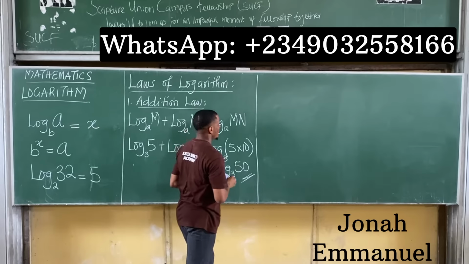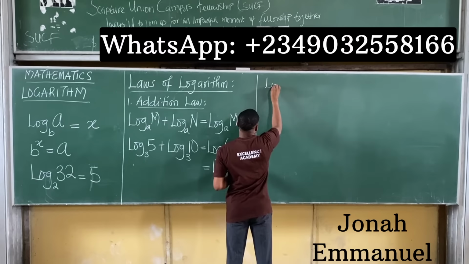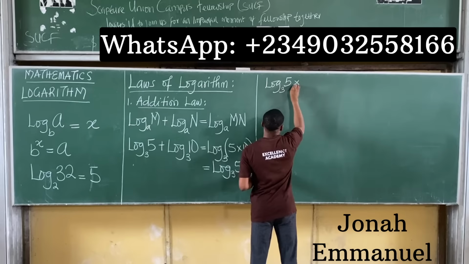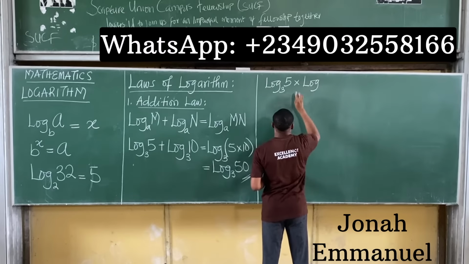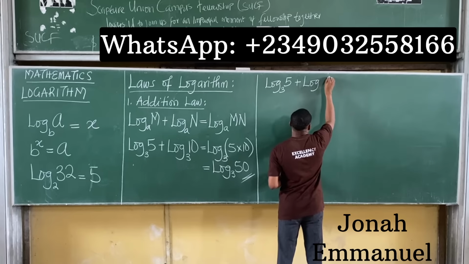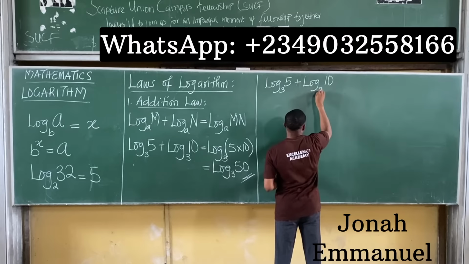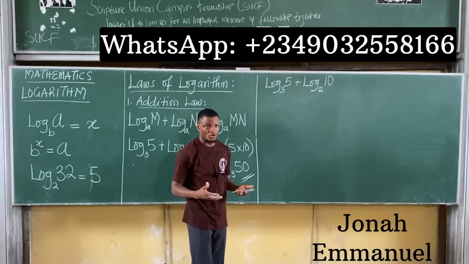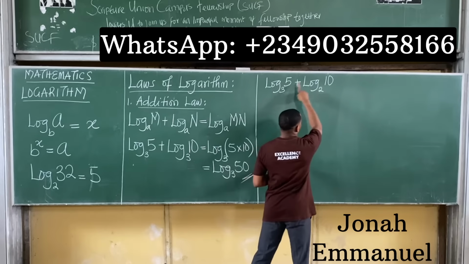Let's try something else. What if I have something that looks like log 3 to base 5 plus log 10 to base 2 in this case? For this one, it will be wrong for you to say log 5 times 10.